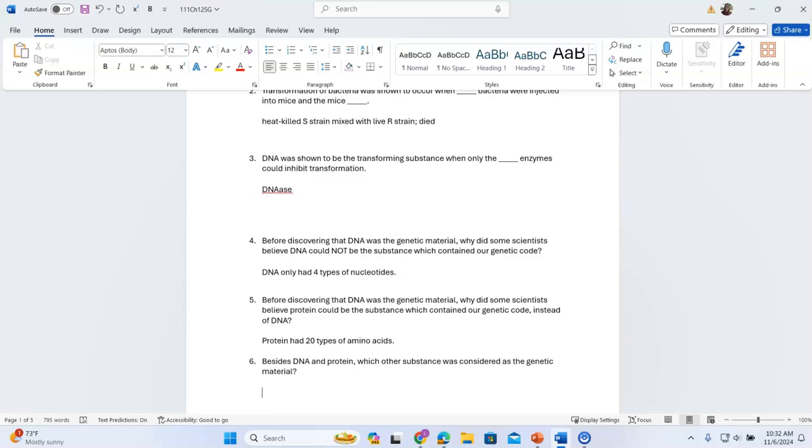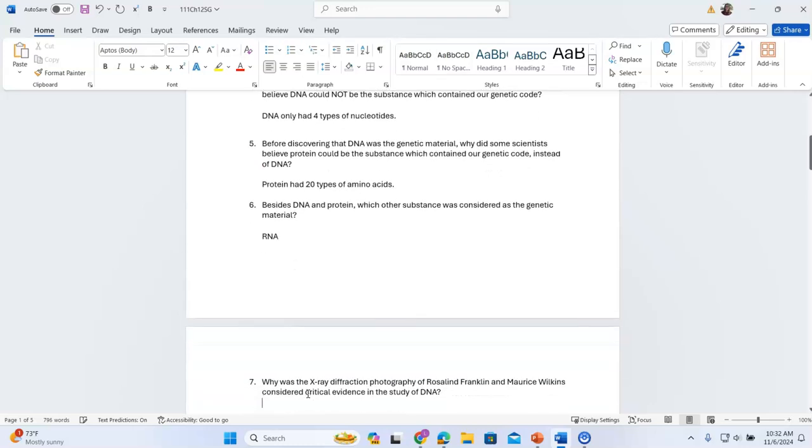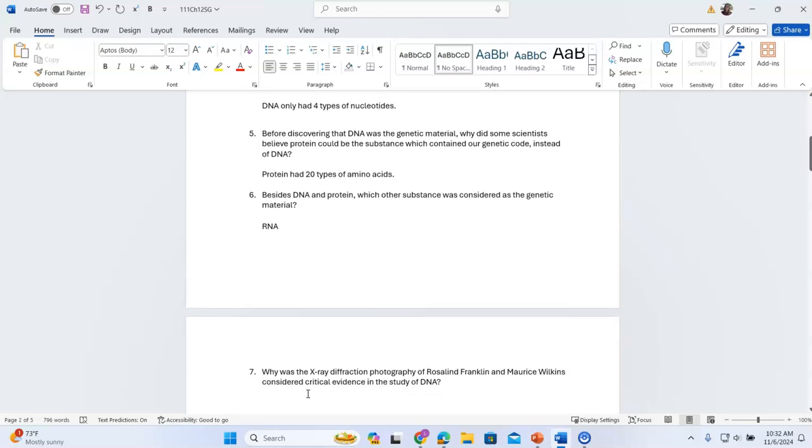Number 6, besides DNA and protein, which other substance was considered as the genetic material? And that was RNA, which we will learn more about in this chapter. Number 7, why was the X-ray diffraction photography of Rosalind Franklin and Maurice Wilkins considered critical evidence in the study of DNA?